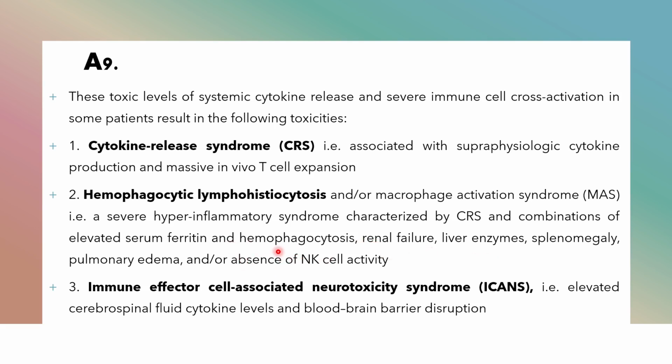Do you understand the meaning of hemophagocytosis? Hemo means what? Hemoglobins. That means this phagocytosis happens in our red blood cells. Fine. That's why it's called hemophagocytosis. Renal failure, liver enzymes, splenomegaly. Splenomegaly means your spleen increases in size.